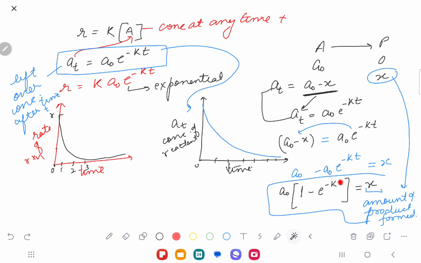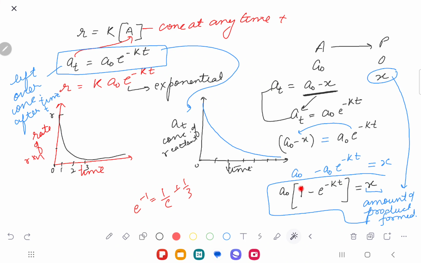Now as the time passed by, let's suppose 1 second. When you put t as 1, it means e raised to power minus 1, which is 1 over e. E raised to power minus 1 would mean 1 over e, isn't it? And 1 over e is approximately 1 over 3.